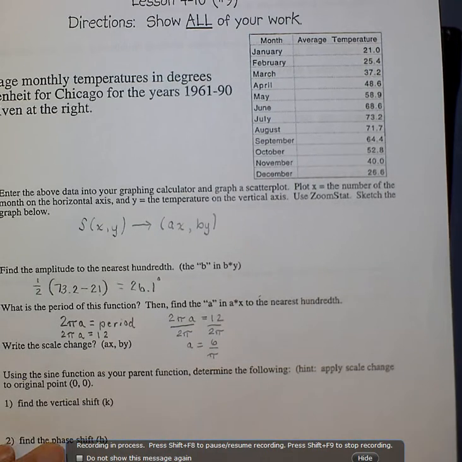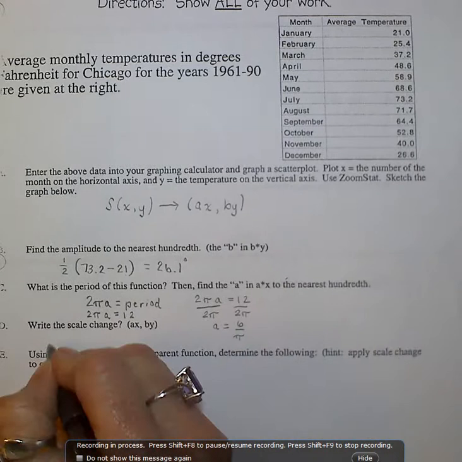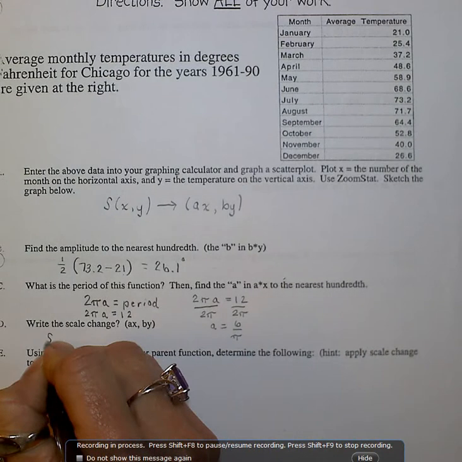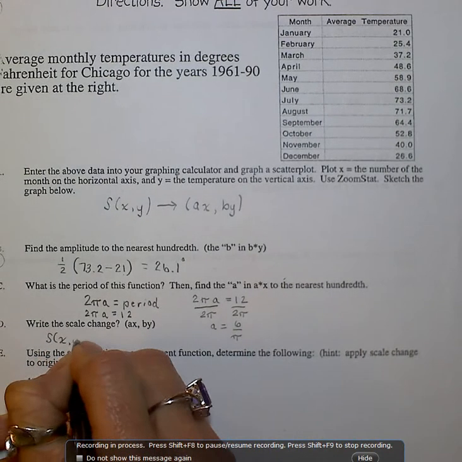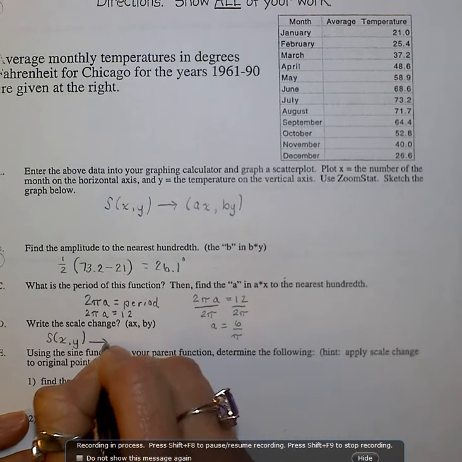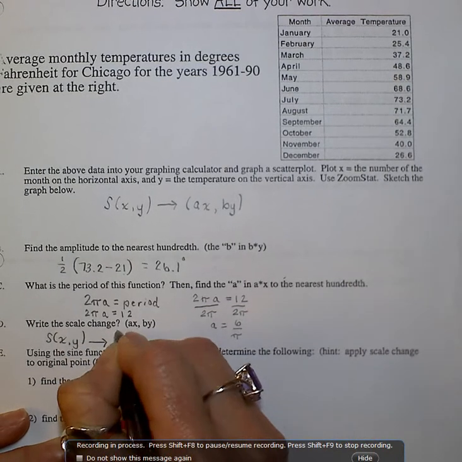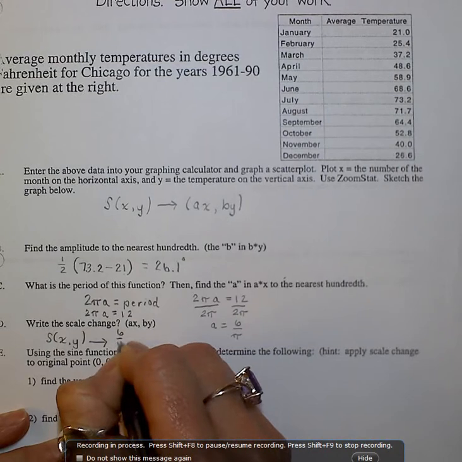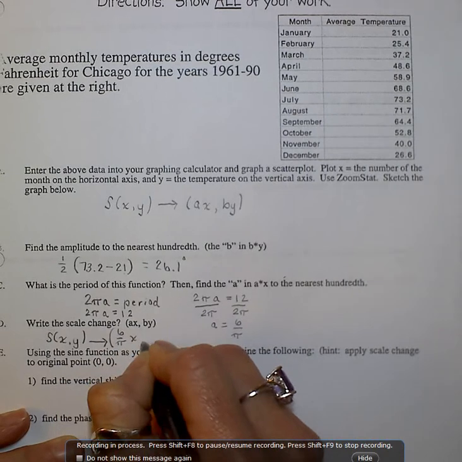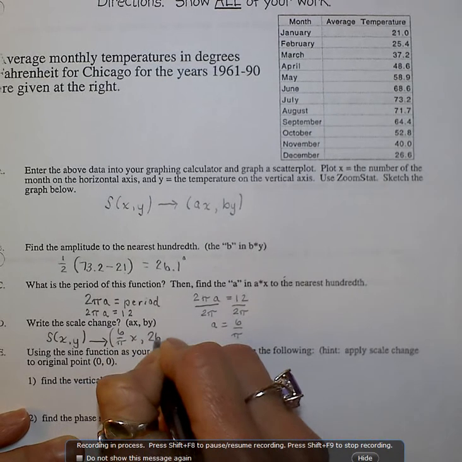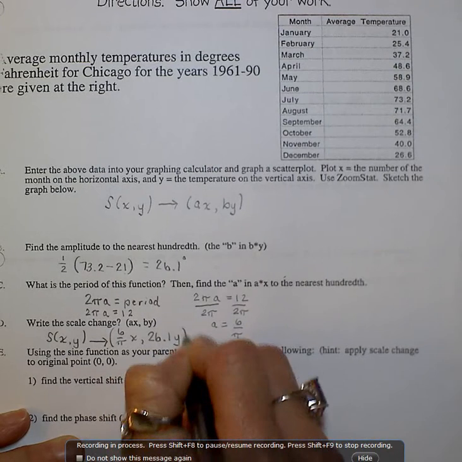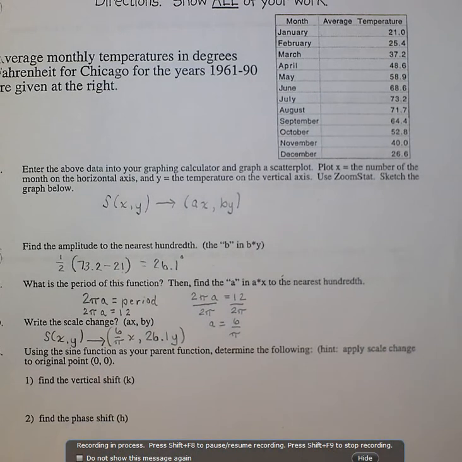Okay, so my scale change rule would be every point x, y is going to map onto A x, which we now know A is 6 over pi, B y, which we now know B is 26.1. Okay? Any questions so far?